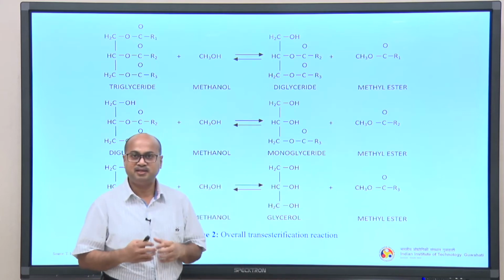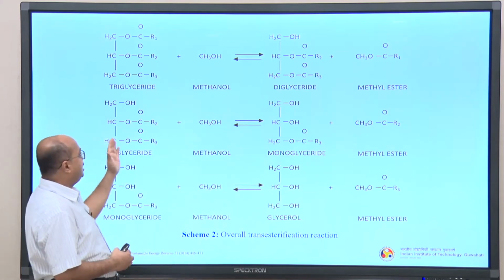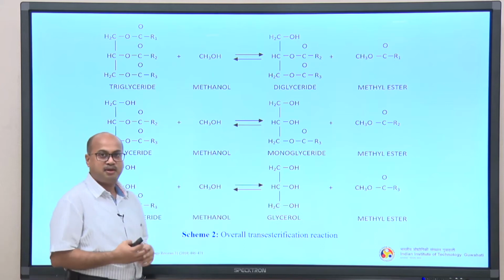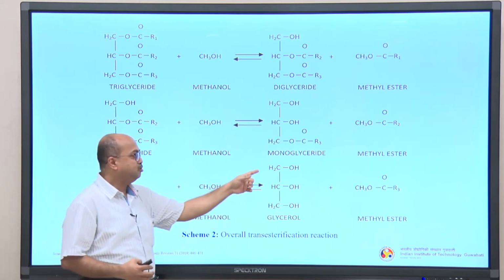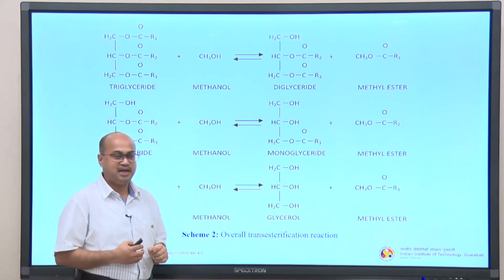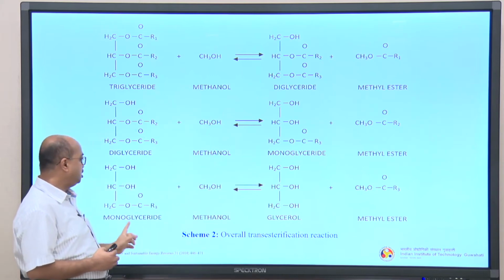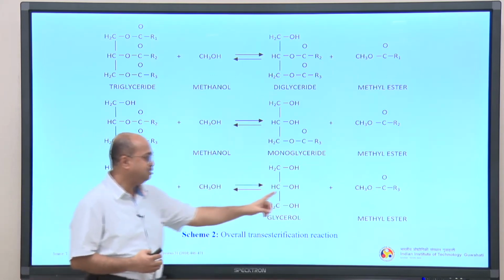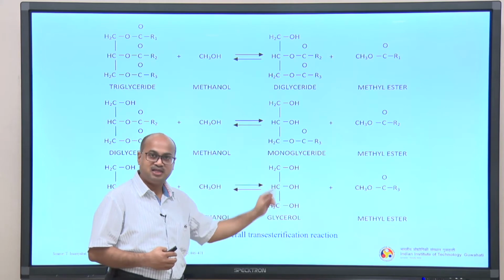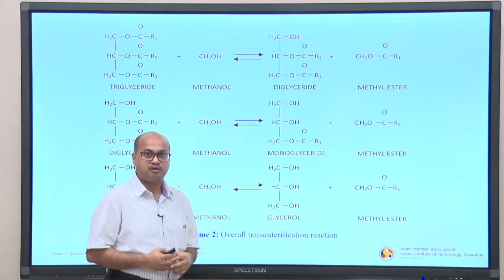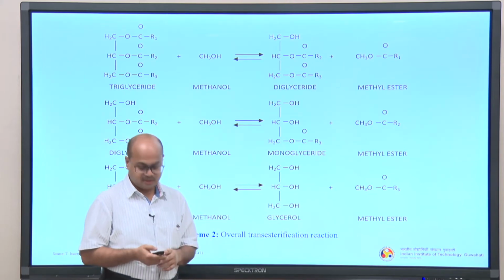These reactions are happening simultaneously. Then that diglyceride reacts with another methanol molecule to give us a monoglyceride and another methyl ester. This monoglyceride further reacts with methanol to give us another methyl ester and glycerol. So, glycerol is the final byproduct of the transesterification reaction.